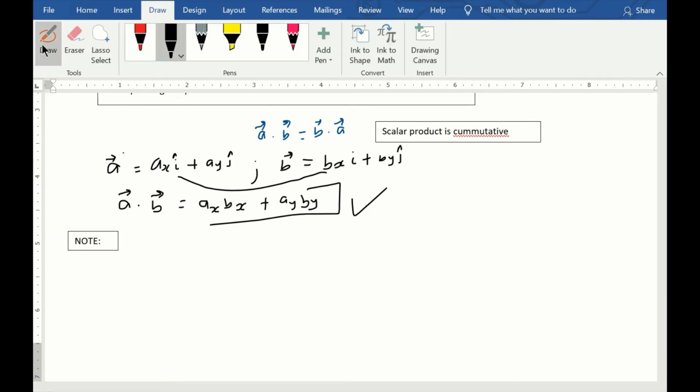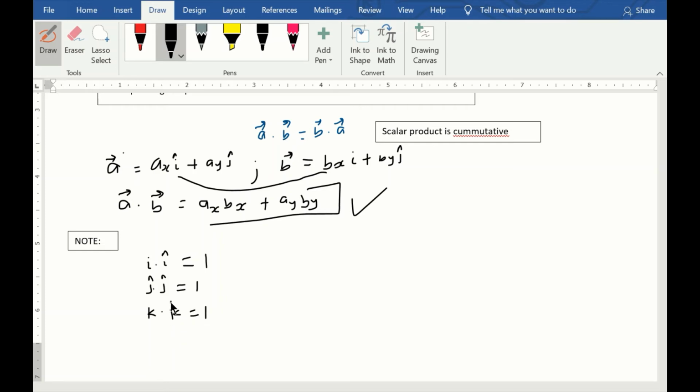Now, for example, if I multiply I dot I, it will give me 1. If you multiply J dot J, it will give us 1. If you multiply K dot K, it will give us 1.